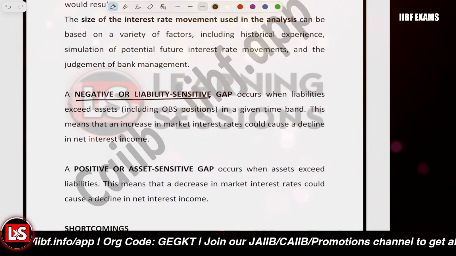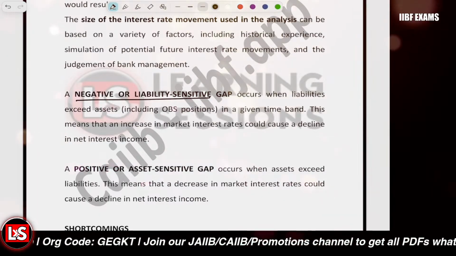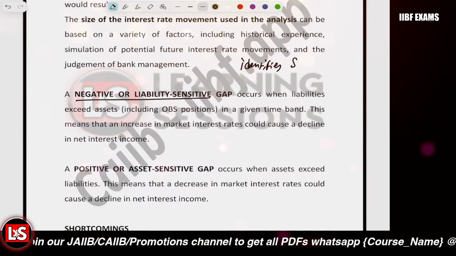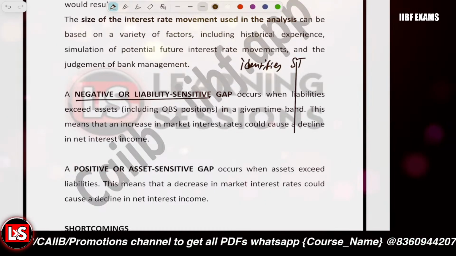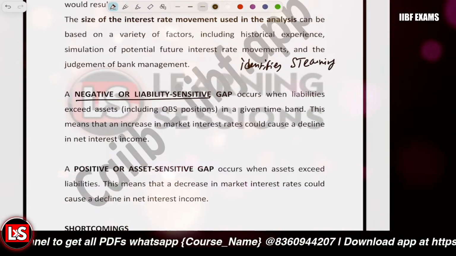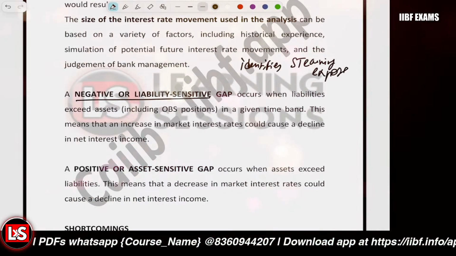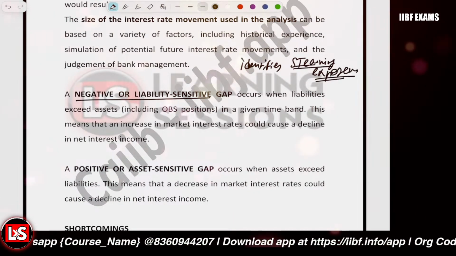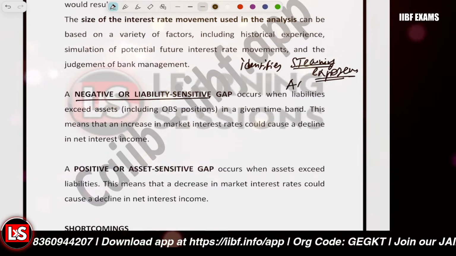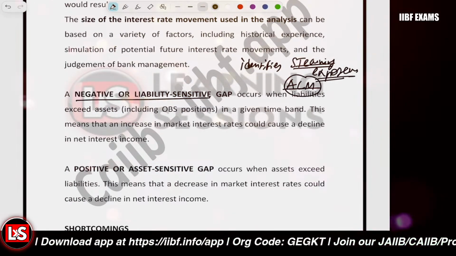So it identifies the short term earning exposure, right? And it is used for ALM decision purposes.